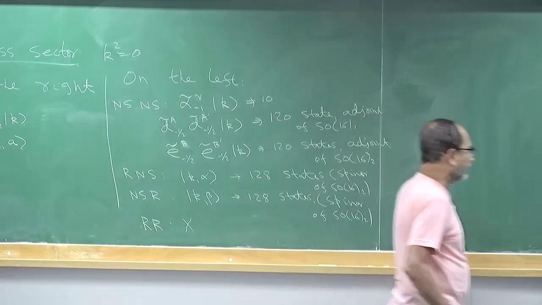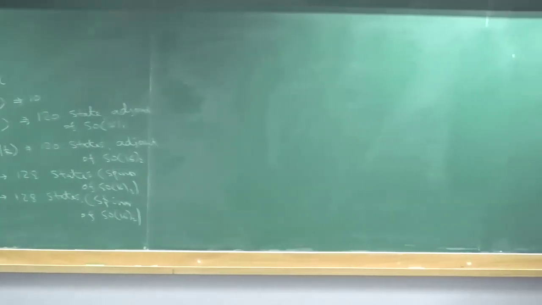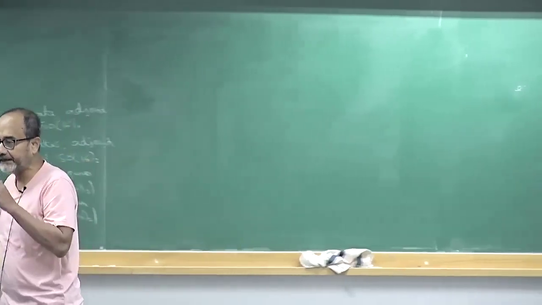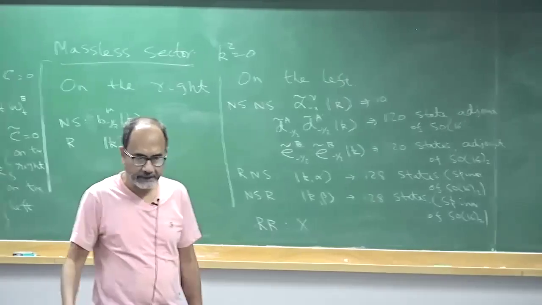Okay, so let me just briefly describe the bosonic formulation, although as I said, it's more complicated. The idea is that fermions have central charge half, and bosons have central charge 1.